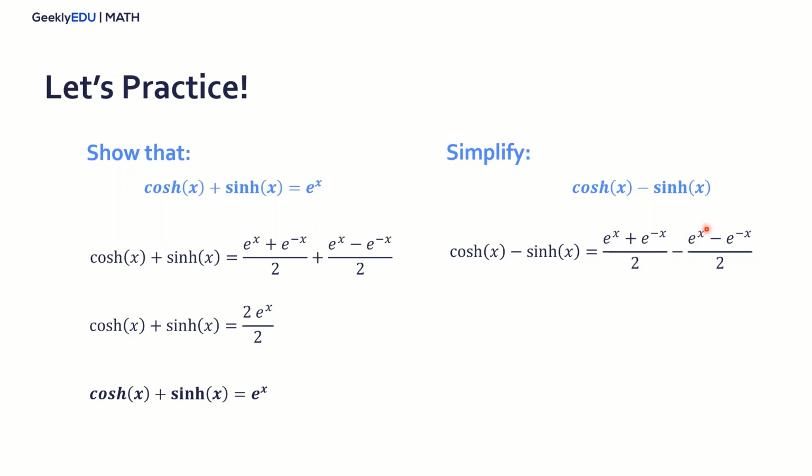So we cancel out this 2, and we add the e to the negative x with this other e to the negative x over here, with minus and minus signs. If we add them up, and of course simplify the number 2, we have that the hyperbolic cosine of x minus the hyperbolic sine of x equals e to the negative x.